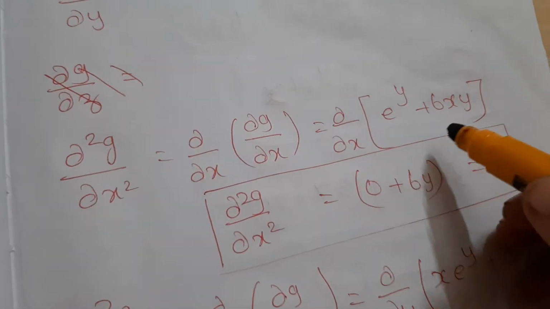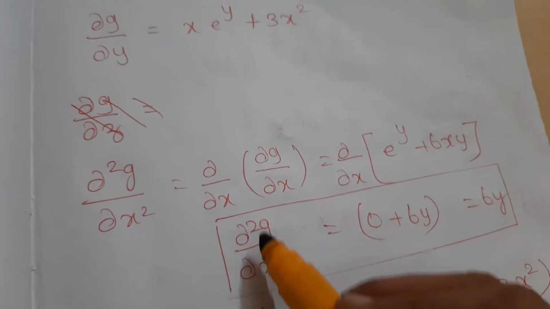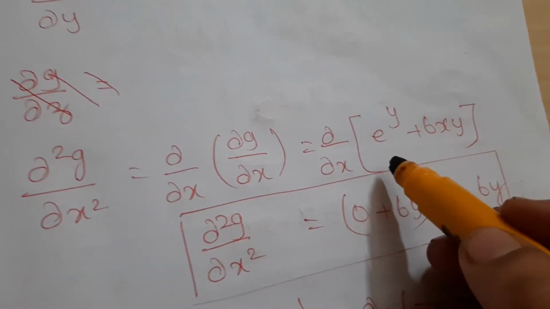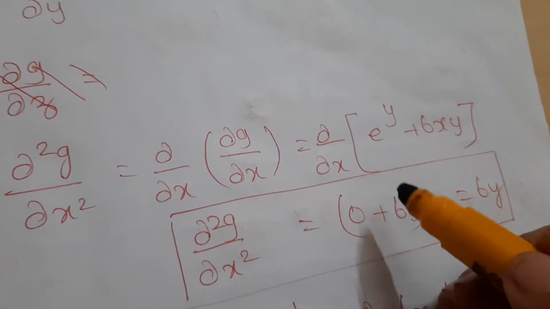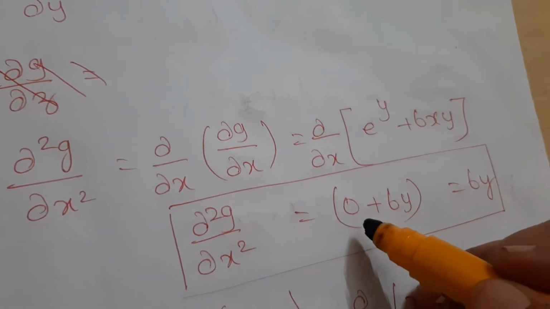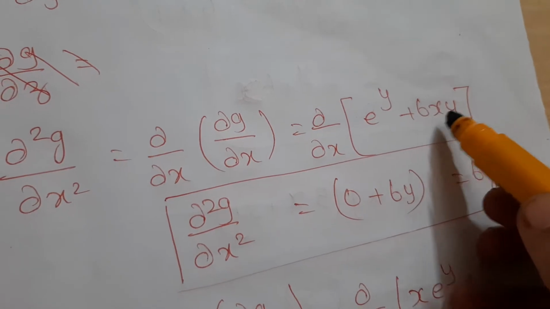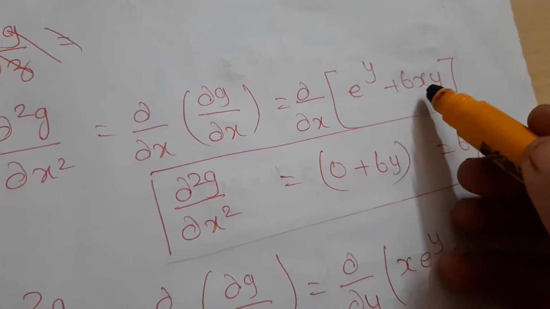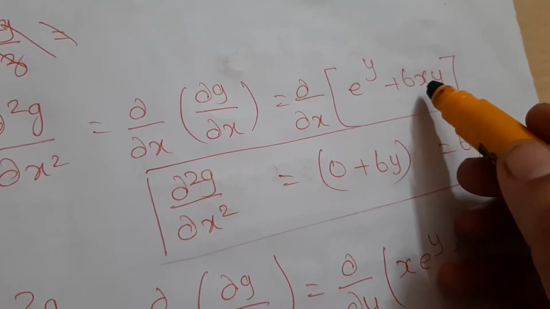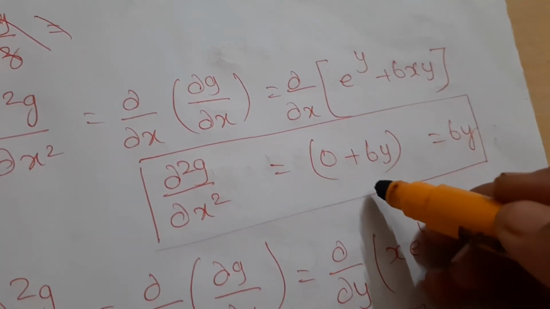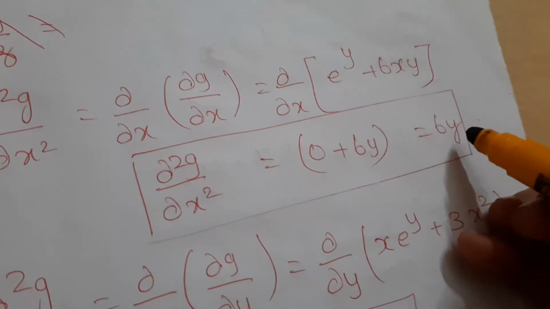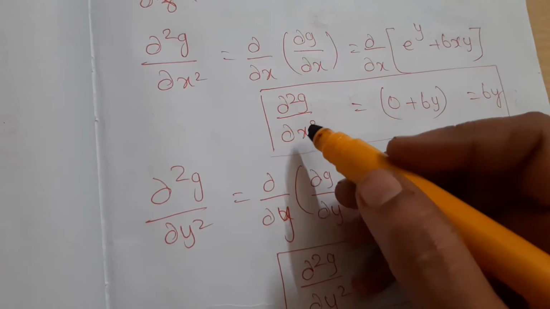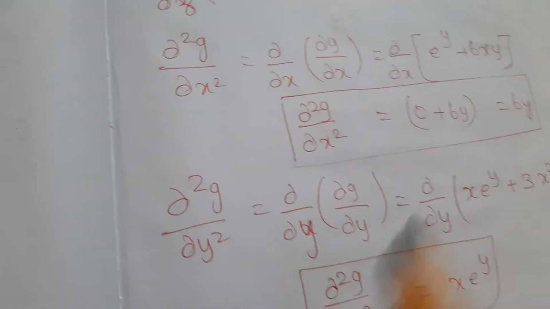So e power y plus 6xy. Here the first term does not have x, therefore we are going to make it 0. Plus 6xy I must do partially with respect to x. The differentiation of x with respect to x is 1, therefore 6y. So 0 plus 6y is 6y. So the second derivative with respect to x is over.